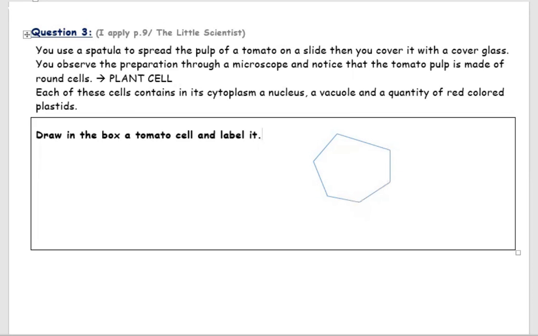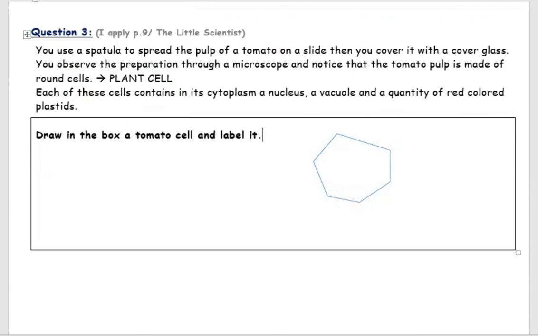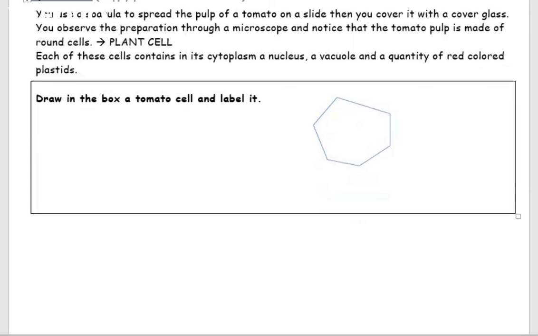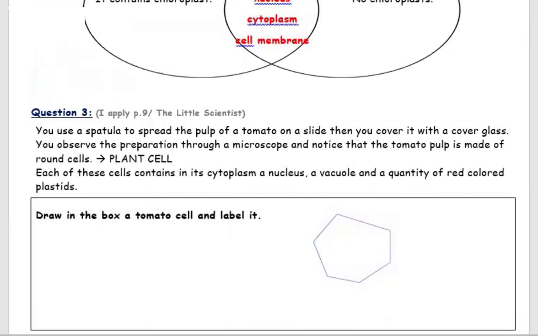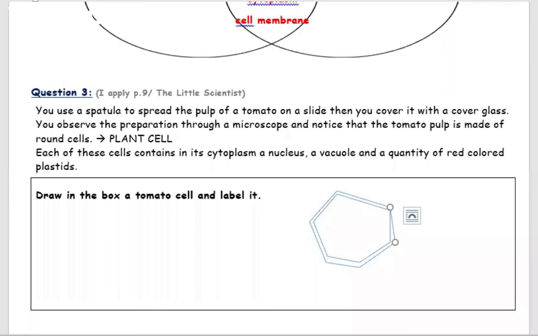Since it is a plant cell, so we must draw a cell wall, right? So let me change the color now. I must draw a cell wall. So, cell membrane with a cell wall.